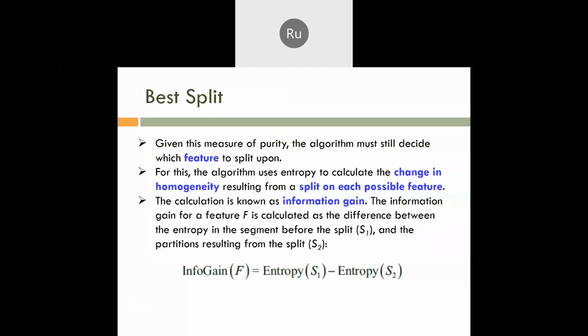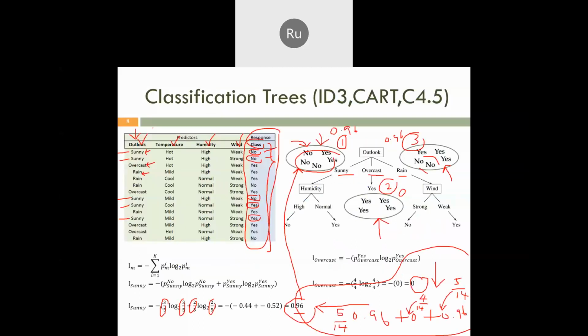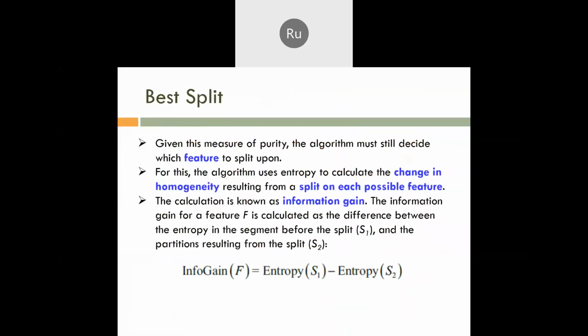Like I mentioned just now, we can split the data using the outlook or the temperature or humidity or the wind. And the best split is when you have high information gain. So how do you compute the information gain? We take the entropy before the splitting minus the entropy after the splitting.